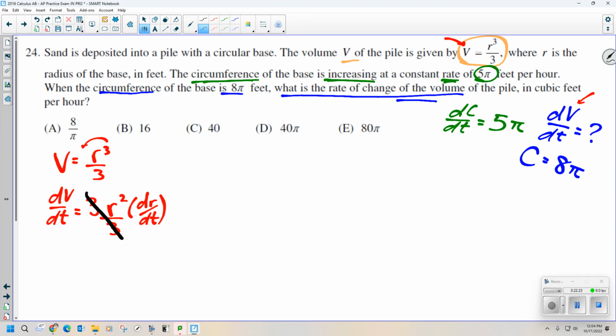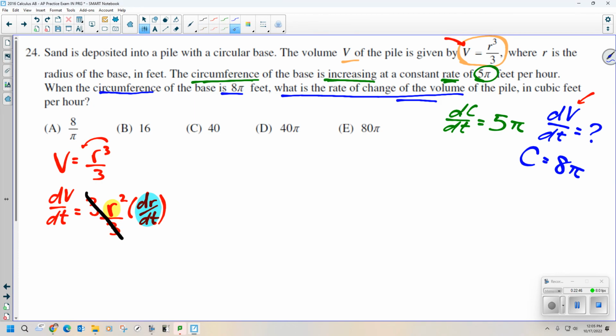So it's r squared dr/dt. The question is, I need the radius, and I need dr/dt. So I need to find a value for r, and I need to find the rate of change of r.